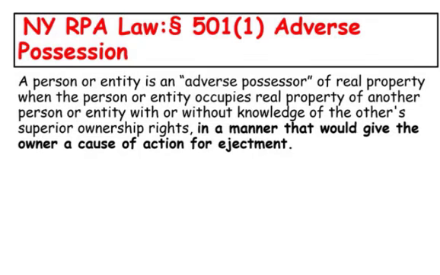Ejectment is a common law term for a civil action to recover possession of or title to land. So in order to be an adverse possessor, you have to do something that would give the owner the right to eject you. Okay, and again, as we said, adverse possession is a statute of repose. Once the adverse possession period has passed, the owner no longer has the right to eject you.